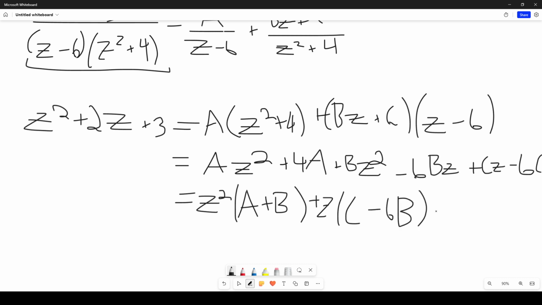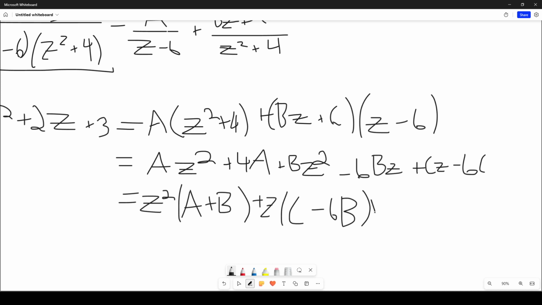And then finally at the end, we're adding 4A minus 6C. That 4A was what was confusing me. Yep.